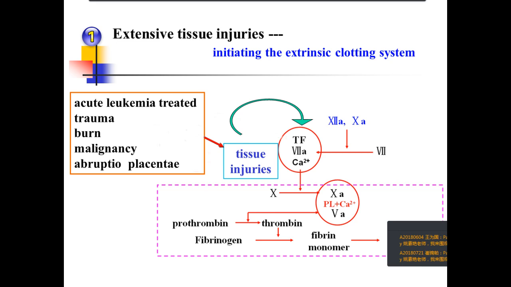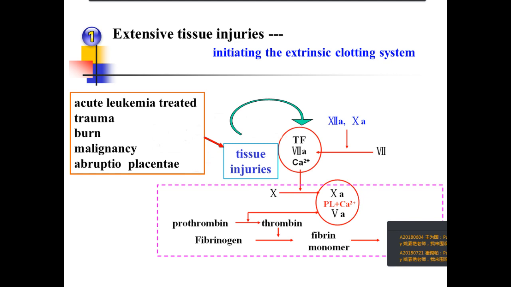Now first, extensive tissue damage, for example trauma, burn, malignant tumor, leads to tissue factor moving into the blood. Tissue factor and coagulation factor 7 form a complex. The next, it activates coagulation factor 10.